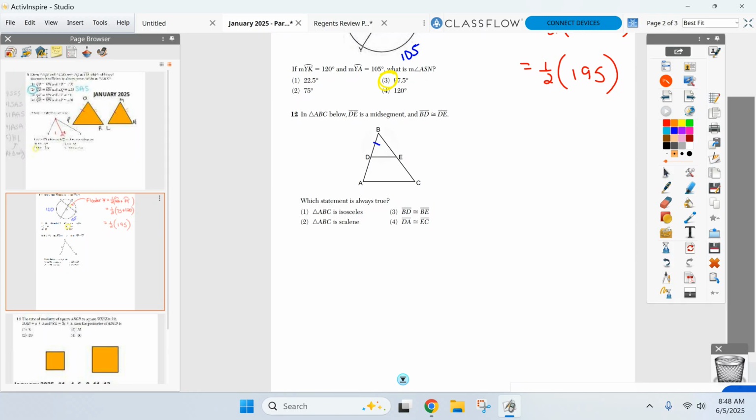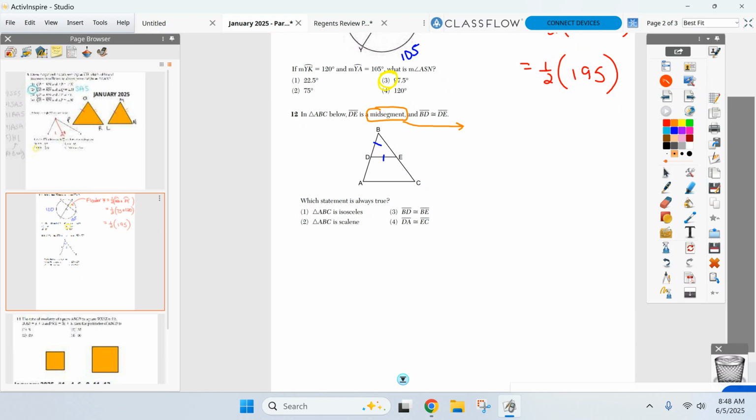BD congruent to D. Okay. All right, let's talk about this word. Mid-segment. A mid-segment connects the midpoints of two sides of a triangle.